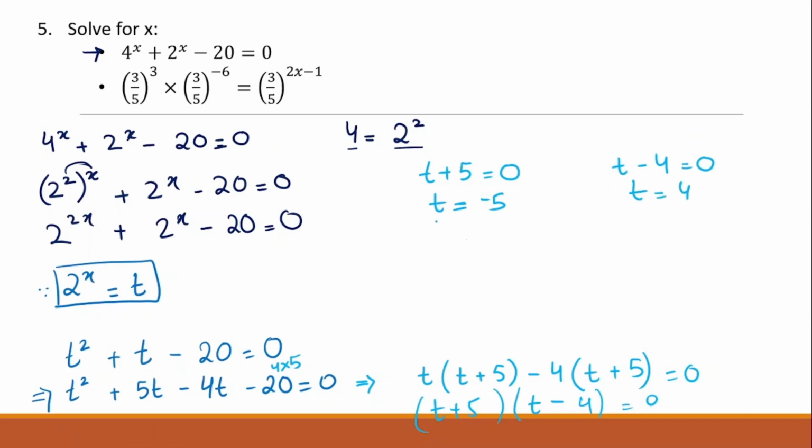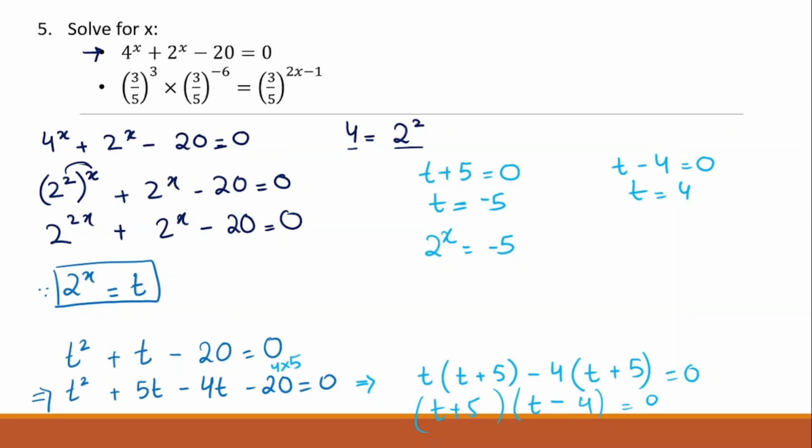In this case, we will eliminate negative 5 because t is basically 2 to the power x. So I can replace t with 2 to the power x equals negative 5. And if you see, for any value of x, 2 to the power x cannot be a negative number.